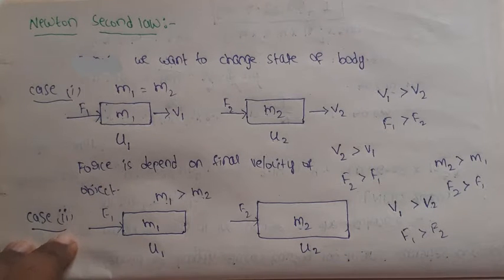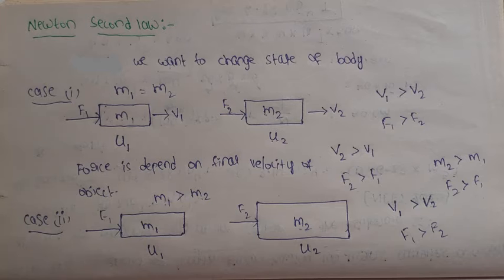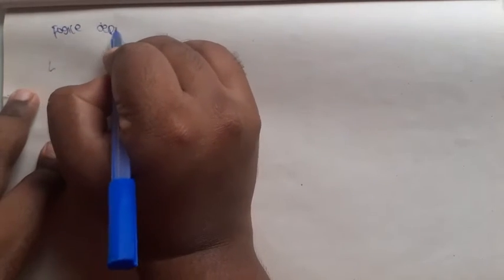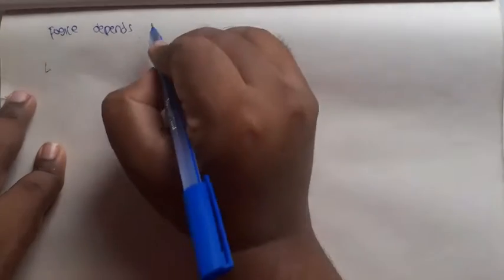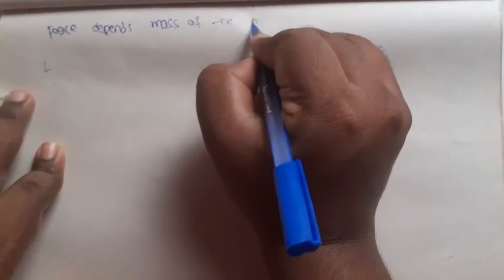If the force increases, the body comes into motion. If the mass of the body increases, then we need to apply a large amount of force. So force also depends on the mass of the body.